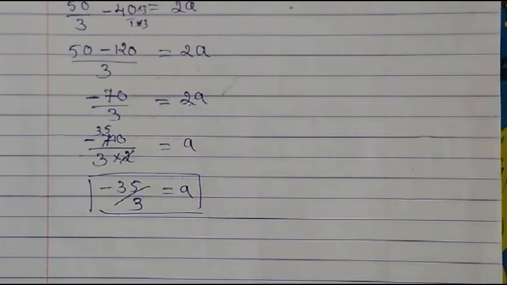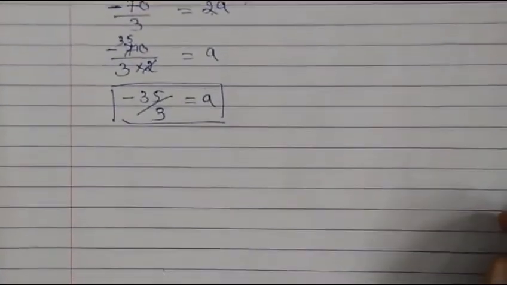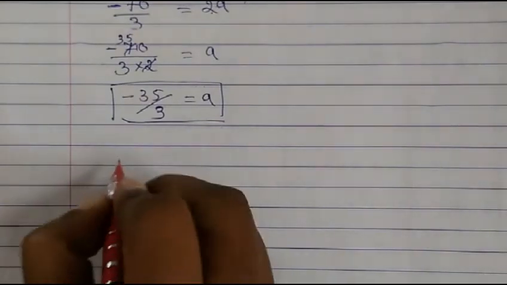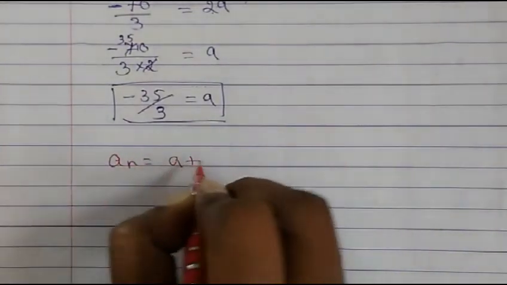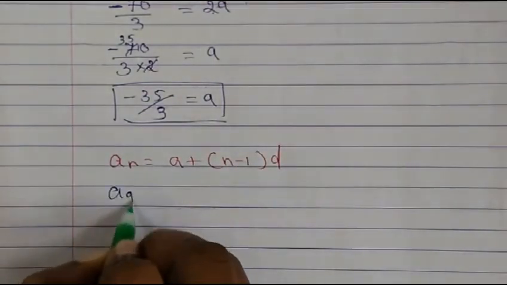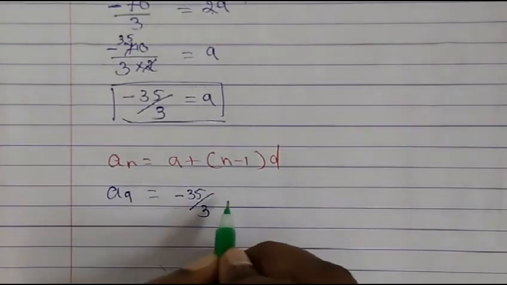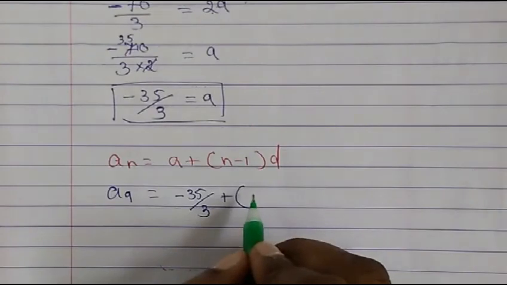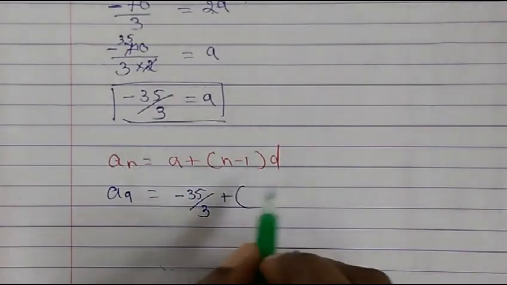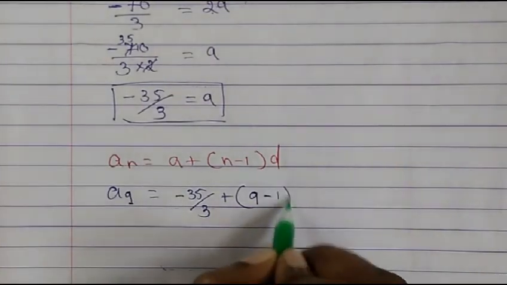So now let's find out a9, because we got the a value. We have to find out a9. So an equals a plus n minus 1 d. An means a9. The a value we know, minus 35 upon 3, plus n, we know n is 9, because this is n minus 1.